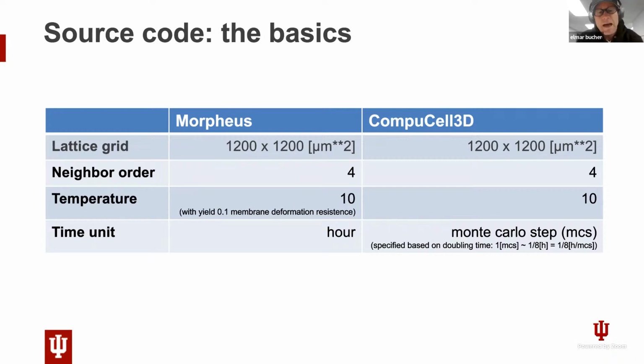Then there is the time unit that is in Morpheus by hour, and in CC3D we have strictly Monte Carlo steps. So what we did, because hours are kind of neat when you compare to wet lab experiments, is that they had a doubling time for the cells, and we took this doubling time and thought that there will be 1 pixel added per Monte Carlo step, and like this we could conclude that about 8 Monte Carlo steps resemble 1 hour.